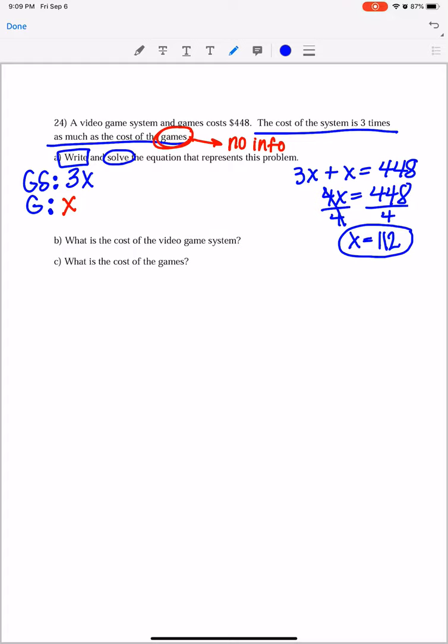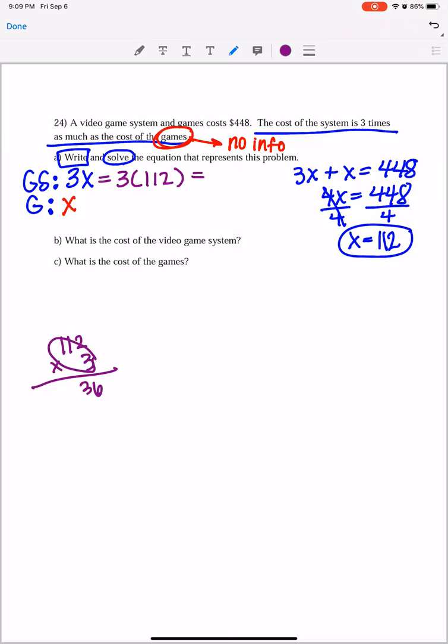So part B wants to know what is the cost of the video game system. Well, my video game system costs 3x. Well, what does x equal? X is this 112. So this means we get 3 times 112 to get the cost of the system. So 112 times 3. 2 times 3 is 6. 1 times 3 is 3.